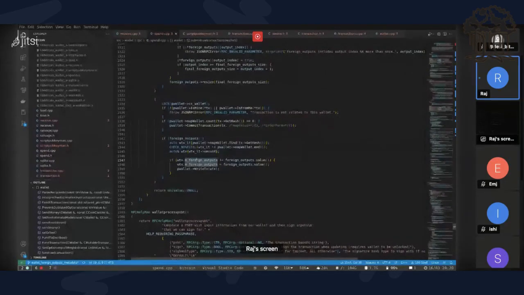Imagine a transaction of four outputs, 0, 1, 2, 3, and among them 0 and 1 are ours, 2 and 3 are theirs. So this vector for the outputs will be 0, 0, 1, 1. It's a vector of bools where each flag identifies whether the output is ours or not.